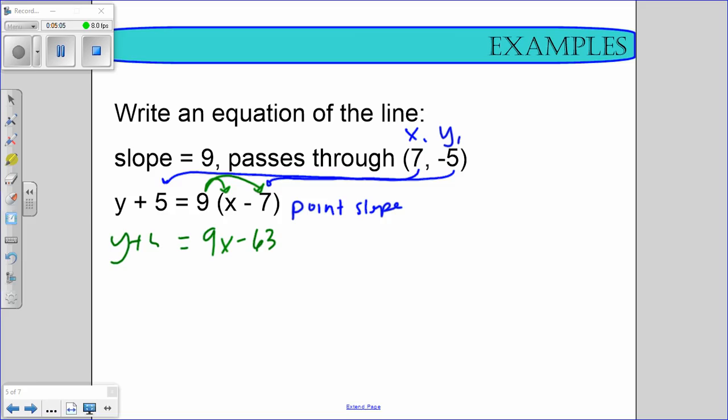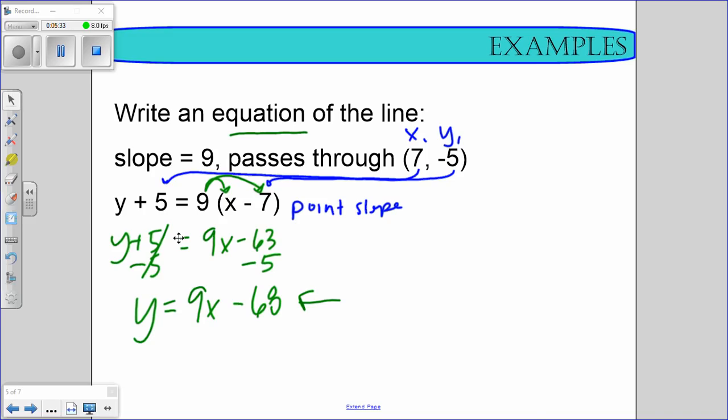On this side, we still have y plus 5. We're not there yet, so we have to subtract 5 on this side to get y down by itself. Subtract 5 on this side. So we have y equals 9x minus 68. This is our equation that it asked us for.